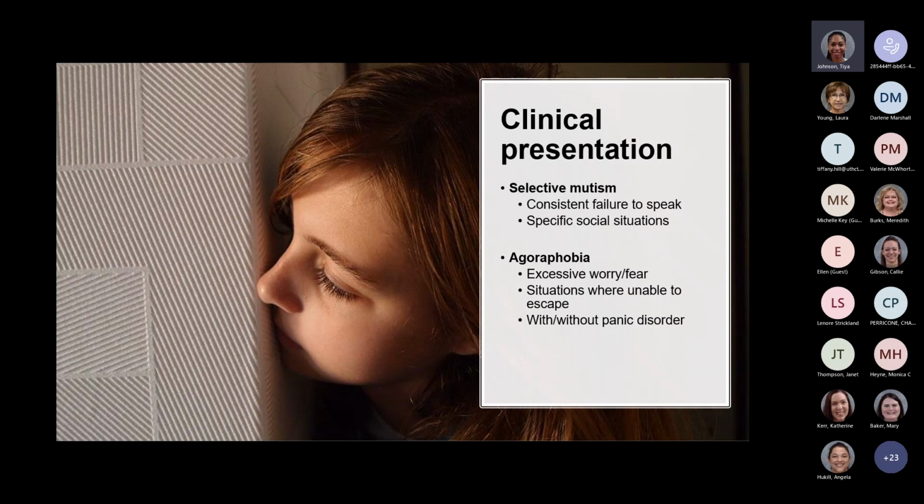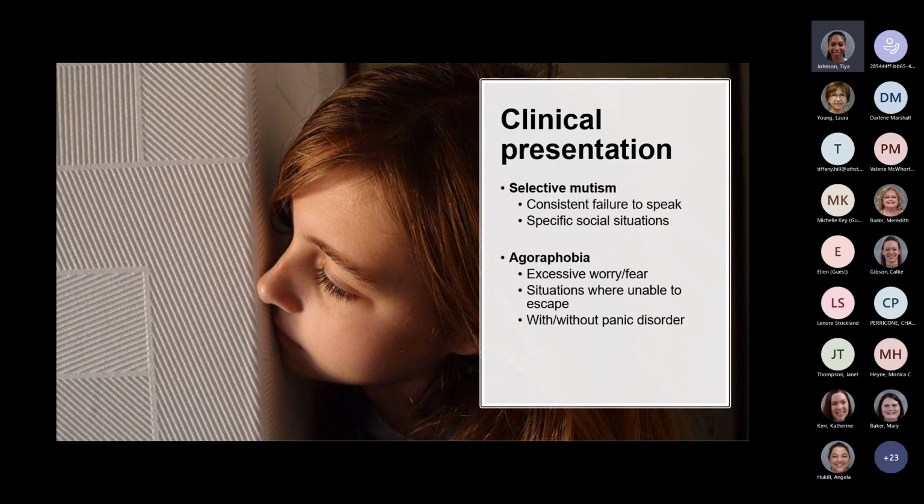Or if they go in a store, they cannot speak to someone and get assistance. Or if they go to school, they don't talk in school whatsoever. They don't say anything in school, but then when they come home, they talk to everybody in the family, sometimes incessantly. So that's when you know you have a selective mutism situation.